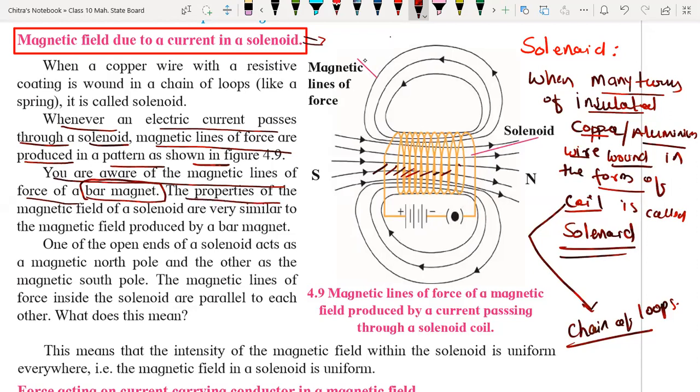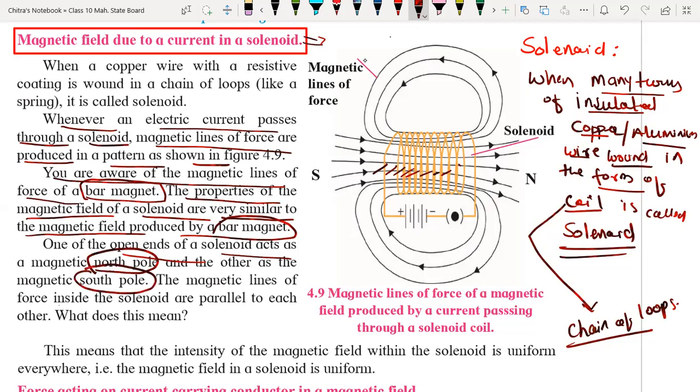So the properties of the magnetic field of a solenoid are very similar to the magnetic field produced by the bar magnet. Hence, when current is passing through the solenoid, it acts as a permanent bar magnet. One open end of the solenoid acts as a north pole and the other end acts as a south pole.